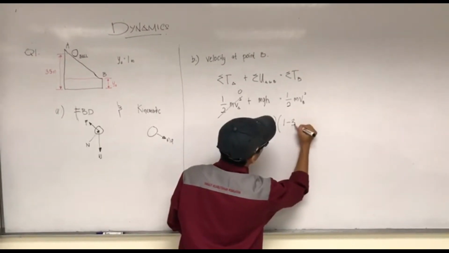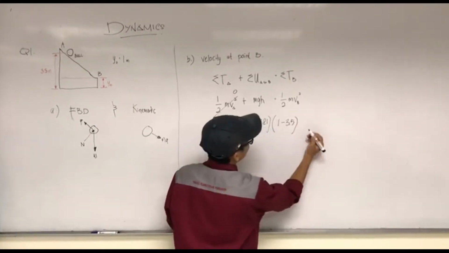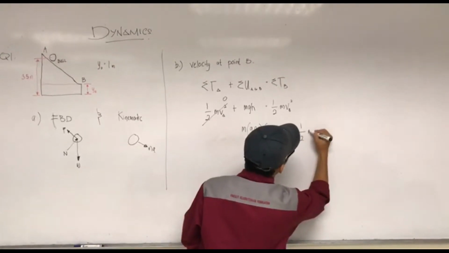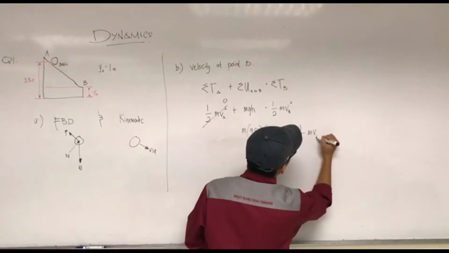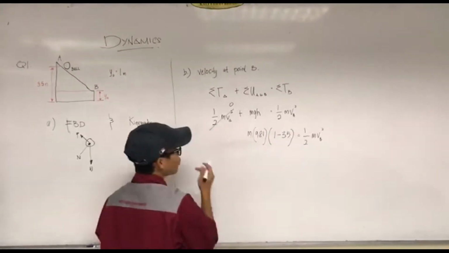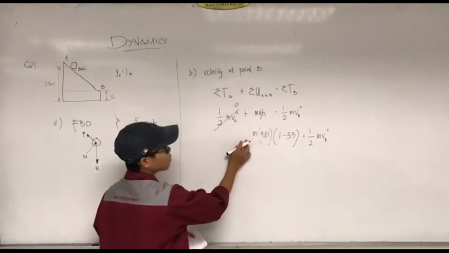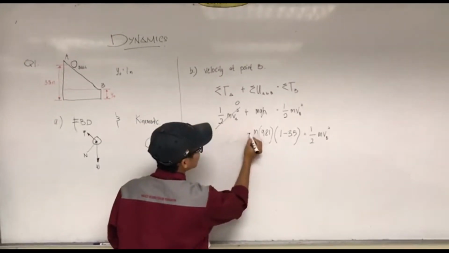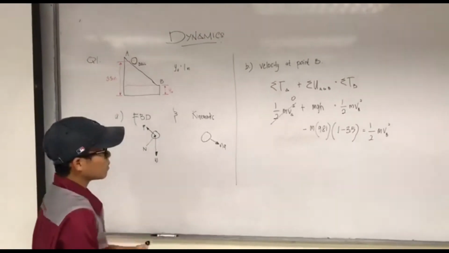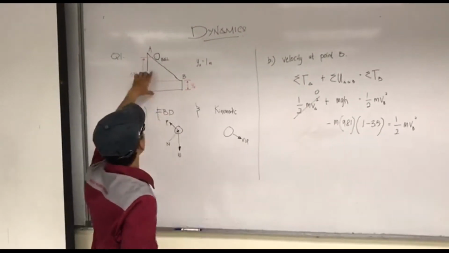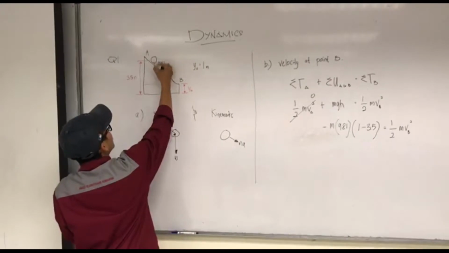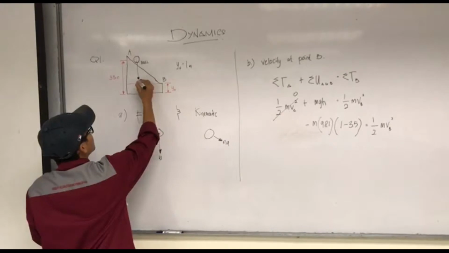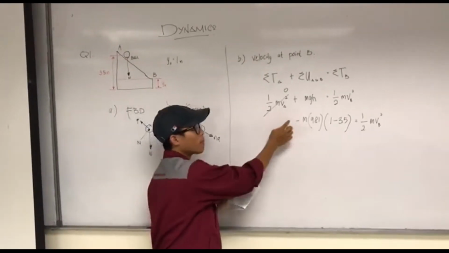minus 3.5 equal 1/2 mvb square. Okay, the polarity of the work is negative, because the work goes down. So the polarity is negative.